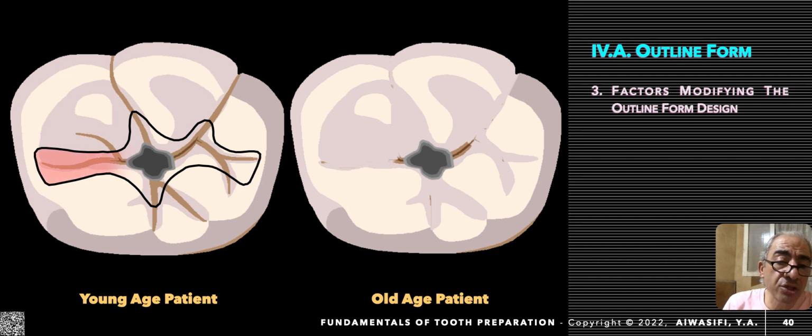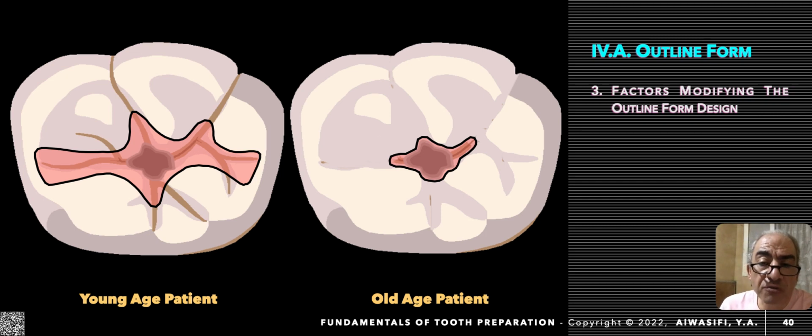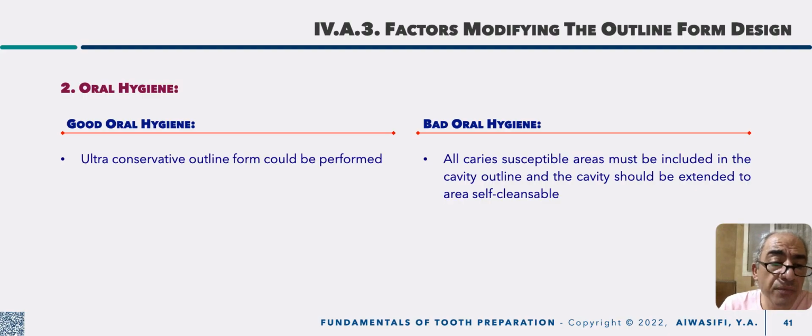While in old age, if you have a lesion of the same size but you also have attrition, and all anatomical features were erased by the action of attrition, the outline form will be limited, because all or most of the surface is rendered smooth. Oral hygiene: when the oral hygiene is good, you will design an ultra conservative outline.